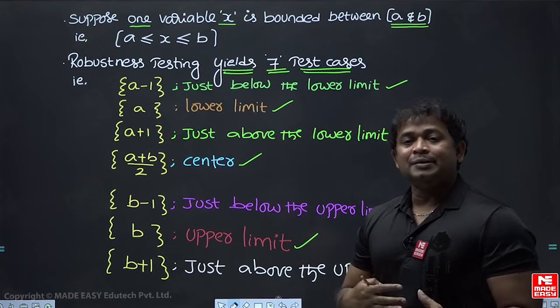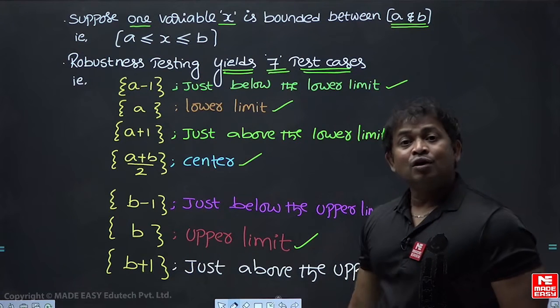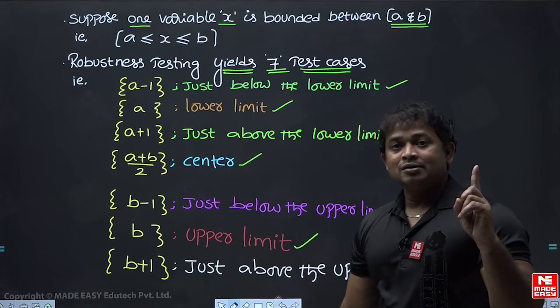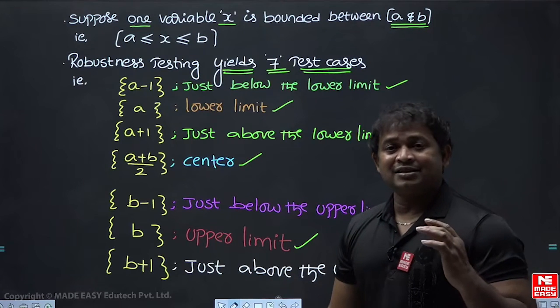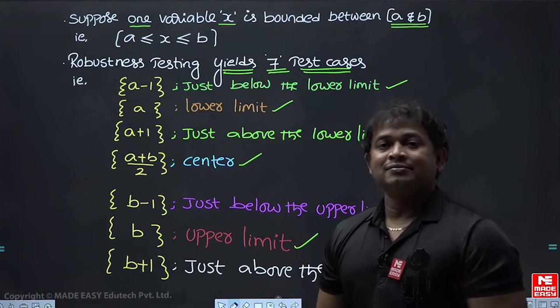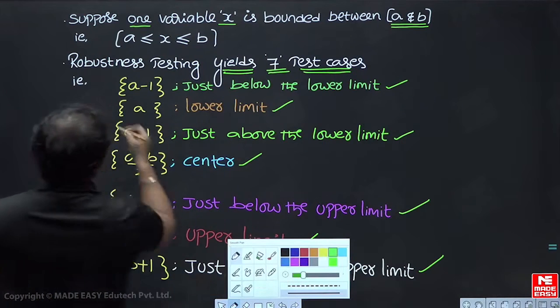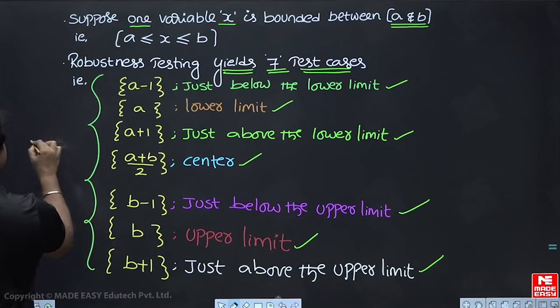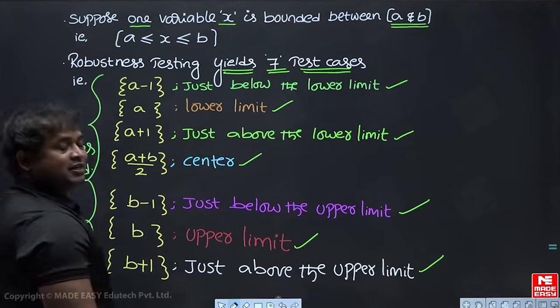So whatever concept I explained diagrammatically is explained here also. To test one variable, 7 test cases are needed. Among the 7 test cases, the center test case is only 1, boundary test cases are 6. So 7 test cases are developed in robustness testing.